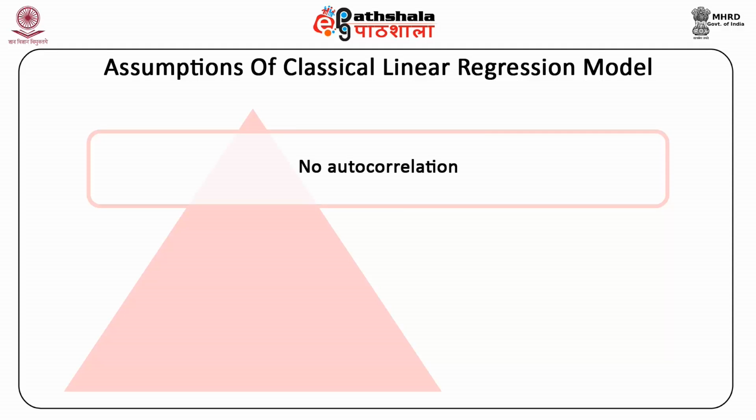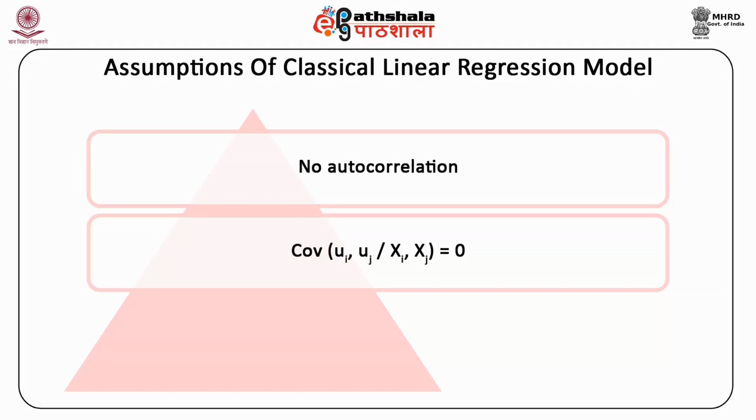Given the values of two x values xi and xj, where i is not equal to j, the correlation between any two ui and uj where i is not equal to j is 0.